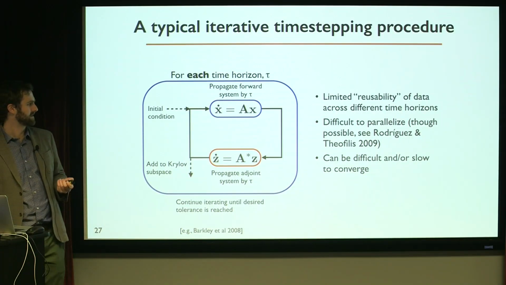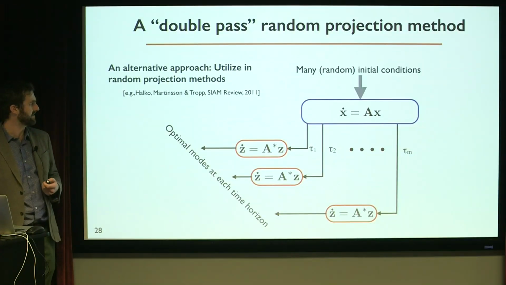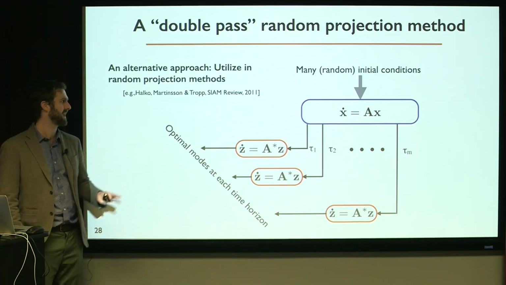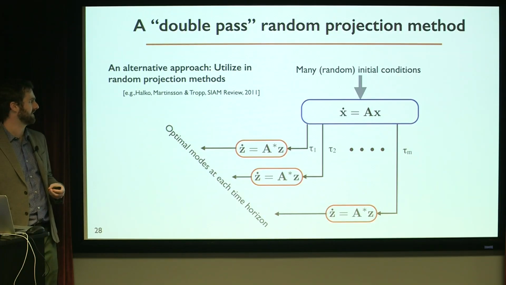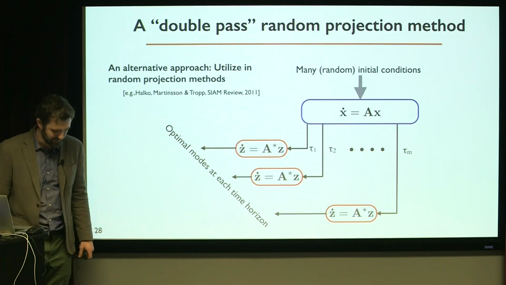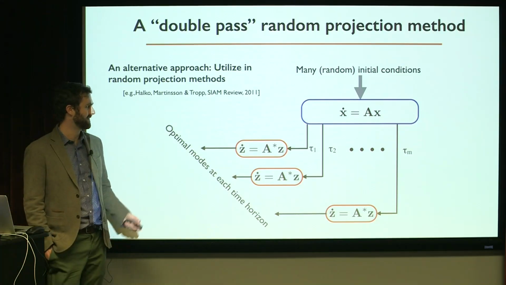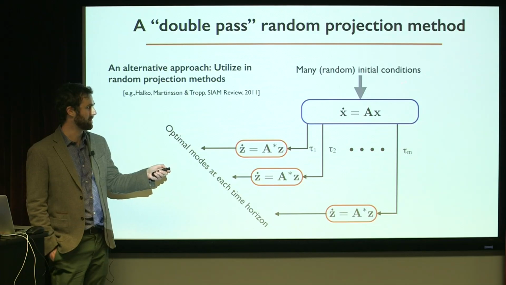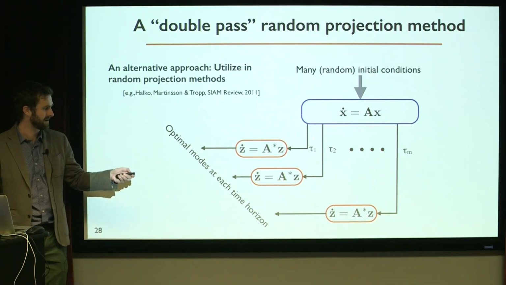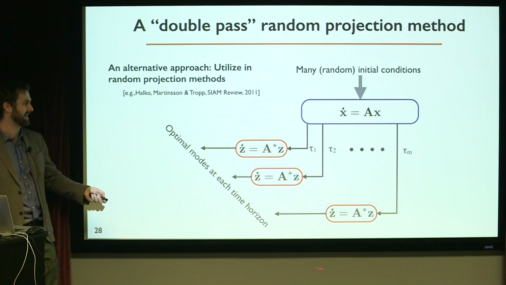What I'm going to propose, or what we've been looking at as an alternative to this, is to take advantage of some relatively recent developments, in the last 10 or so years, in random projection methods. So rather than applying an iteration loop, we only want to do things once, but the flip side is we want to start with many different initial conditions, propagate those through our system once, and then apply our adjoint operator to get our answer.